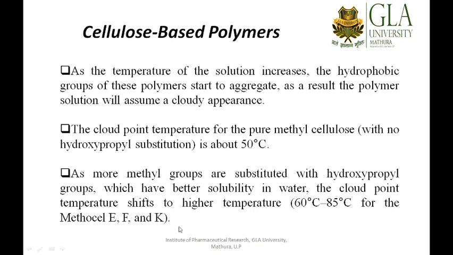You can see Methocel E, F and K have a higher cloud point temperature, shifting from 60 to 85 degrees centigrade, and it merely depends on how much we have substituted the methyl group with the hydroxypropyl groups.